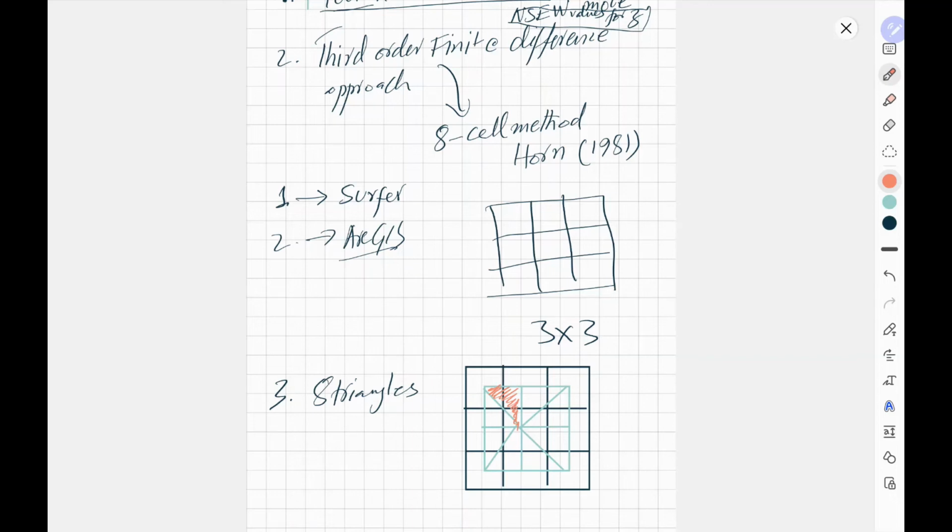This third method is used in the software Map Info.